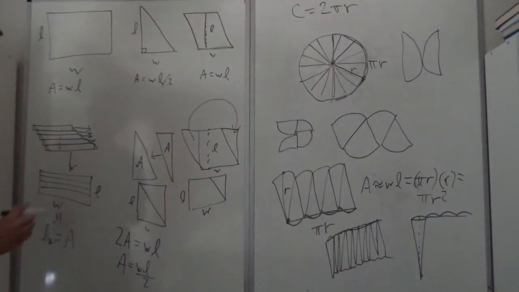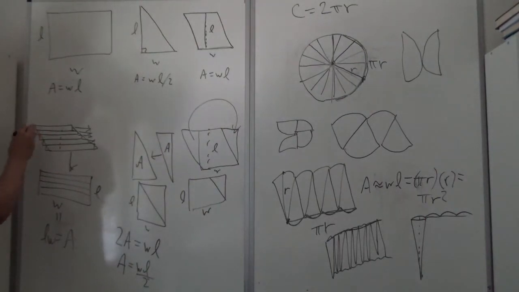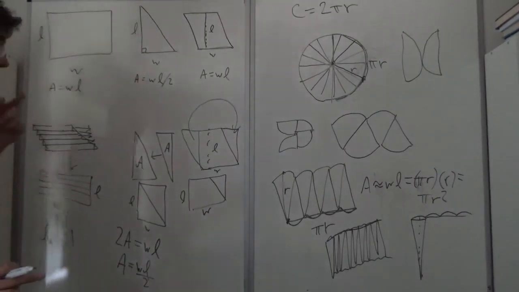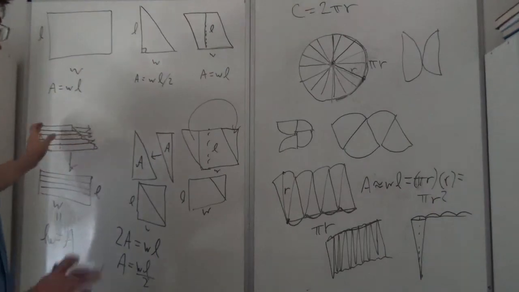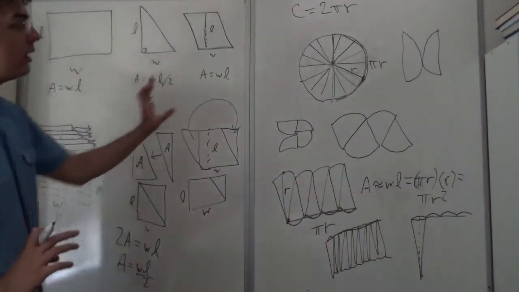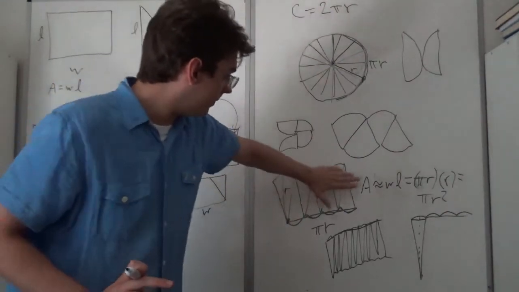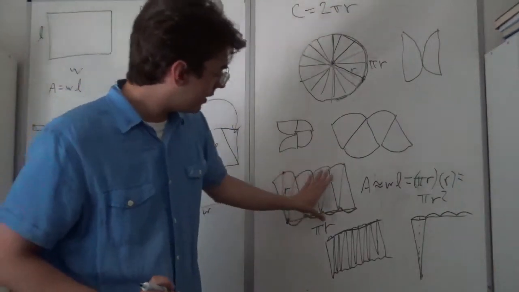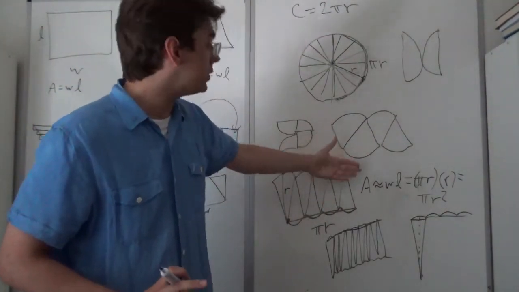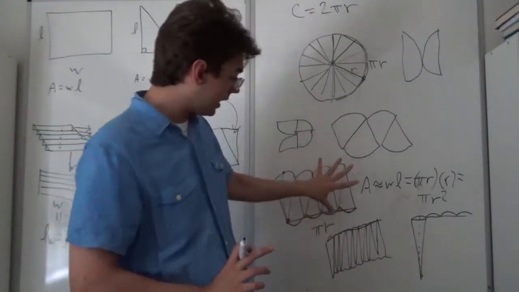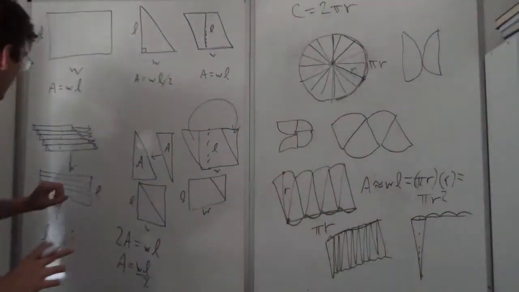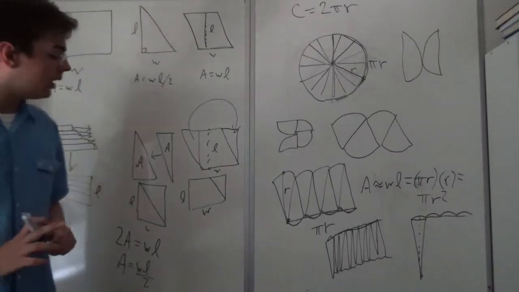Just like here, we might want to make smaller and smaller little rectangles inside of there. We rearrange them. Here we just move them to the left. Here we flip them upside down and right side up. We fit them together and we got a shape which we were familiar with. In this case a trapezoid, in this case a rectangle.